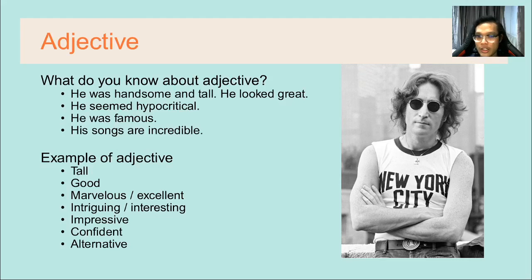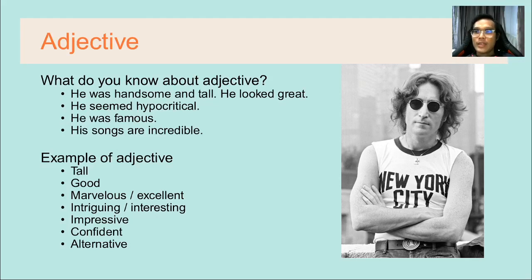He looks very tall, and the style, the look, the face, the shirt, the glasses, the hair, and everything. He looks handsome. So these words, handsome and tall, are adjectives. Or we can describe songs, right? Incredible is another adjective. So we use the word incredible to describe his songs.